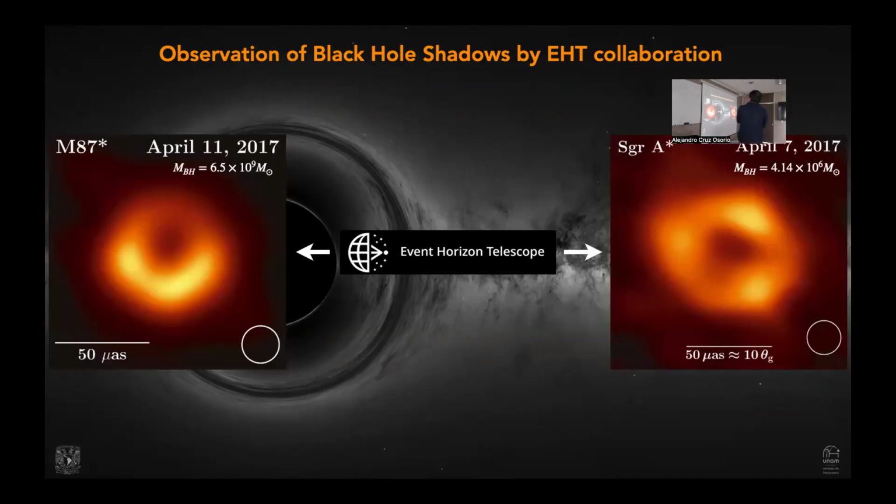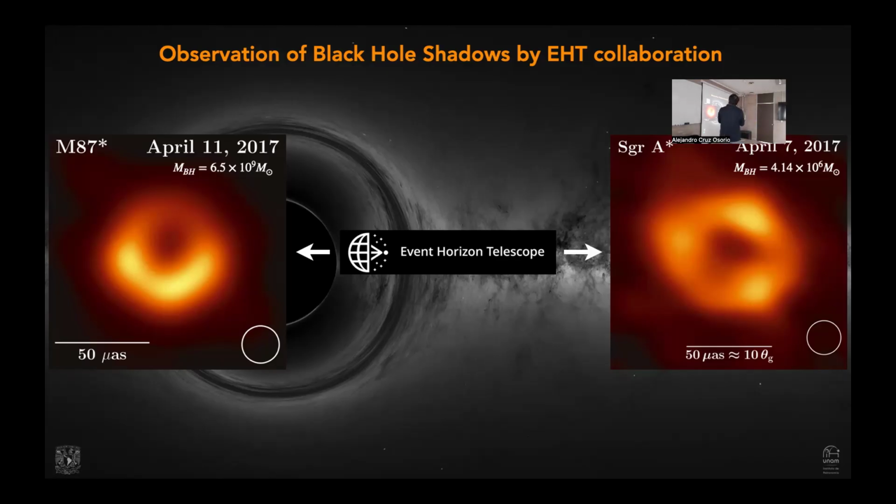We will use the EHT observations for M87 and Sagittarius A star as our observable. So we will compare the shadow size and also the photon ring size, because we can compute these observable quantities from theory, from Einstein theory.